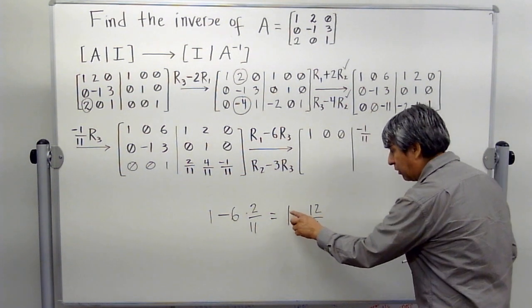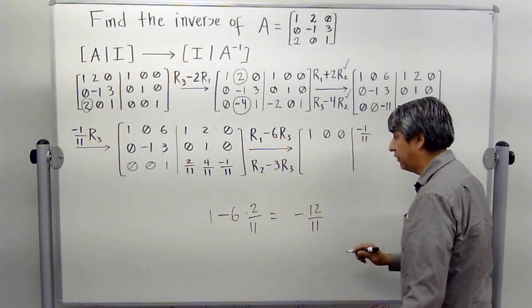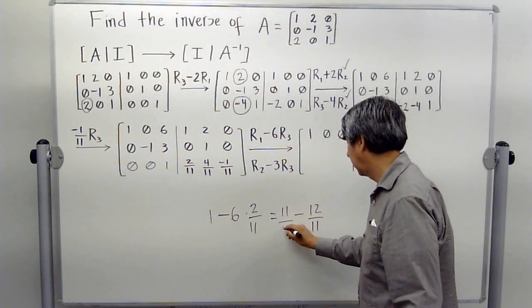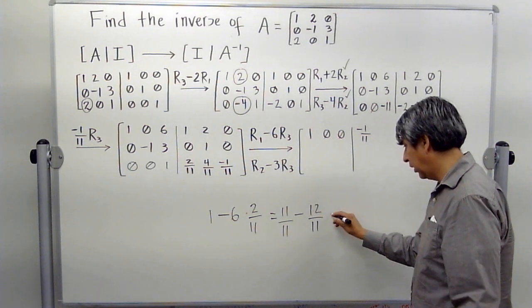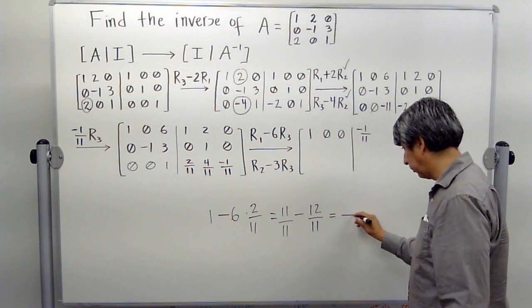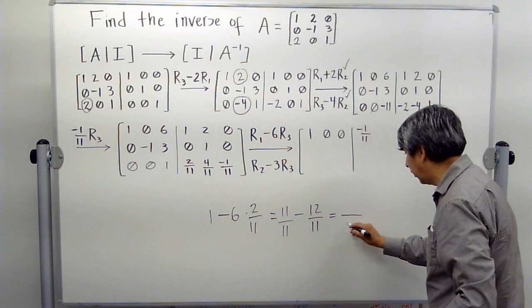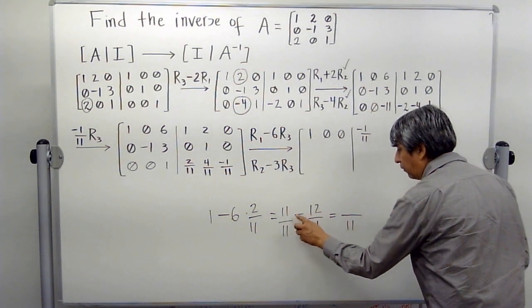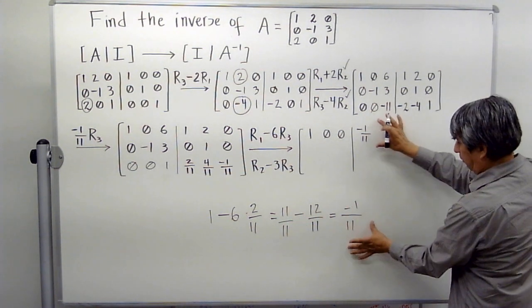Why is that? Well, let's write 1 as 11 over 11 and then do the fraction subtraction. Keep the denominator 11 and subtract 12 from 11, which is negative 1.